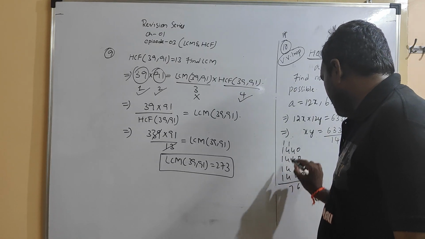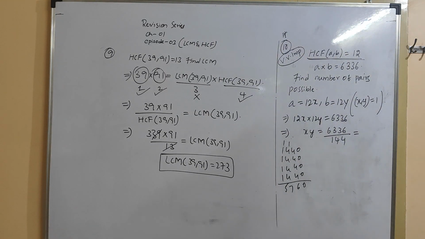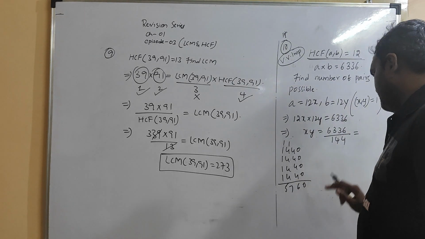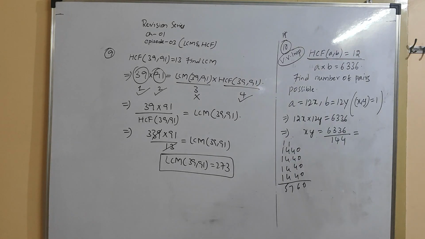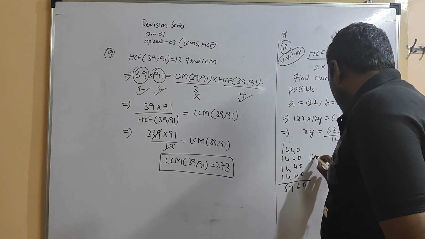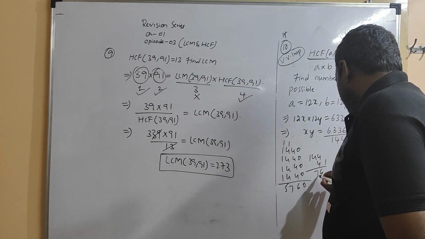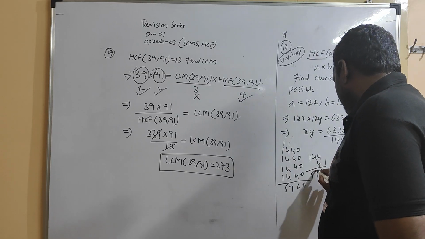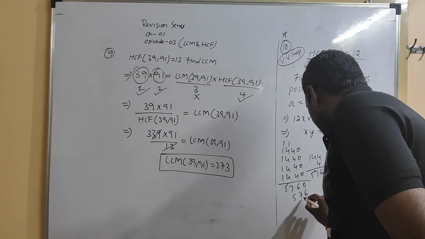So 1, 2, 3, 4, 5... 576 I got. Again how much is left? 7 and 3, so 360, 640, 676 I left. 144 times 4 is 576. I got 576.